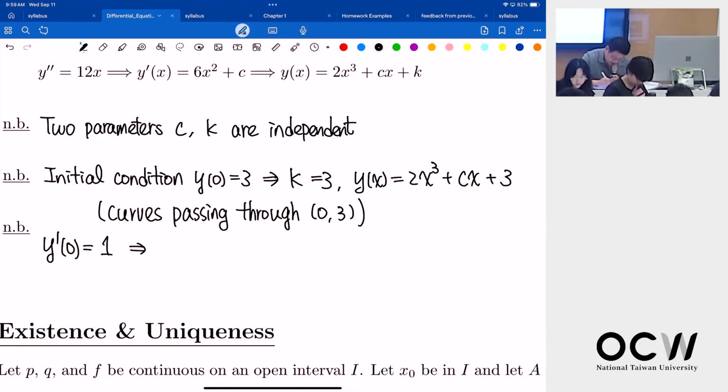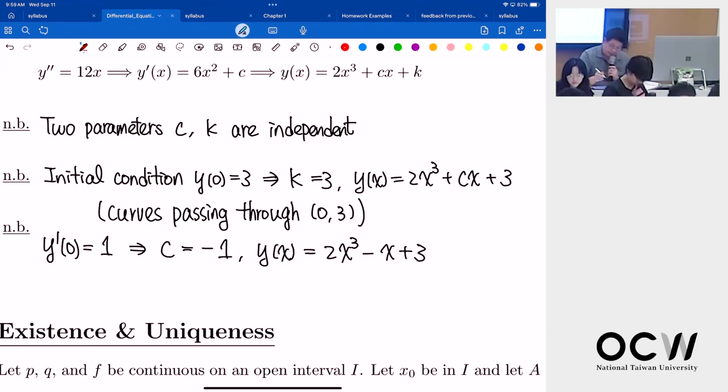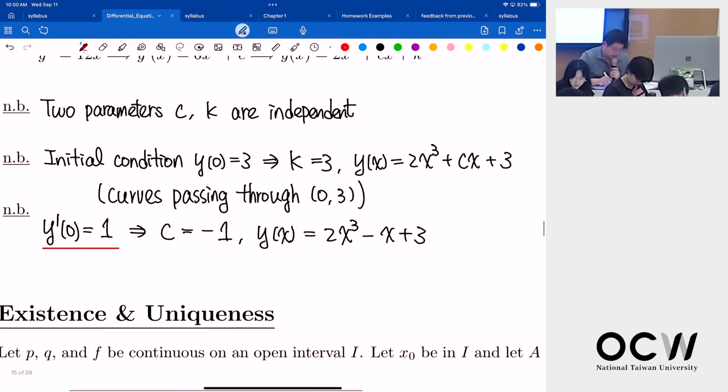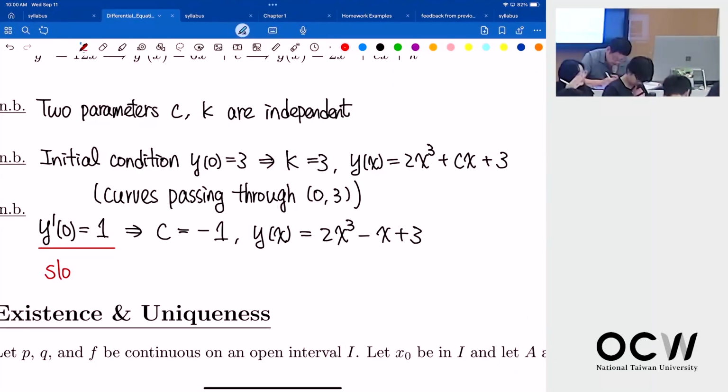Then you will get c equals minus 1. And finally your solution becomes 2x cubed minus x plus 3. And what does that mean? That my initial condition y prime of 0 equals 1. When we take the derivative, remember in calculus, it is called a slope. Okay, this slope is minus 1 at x equals 0.